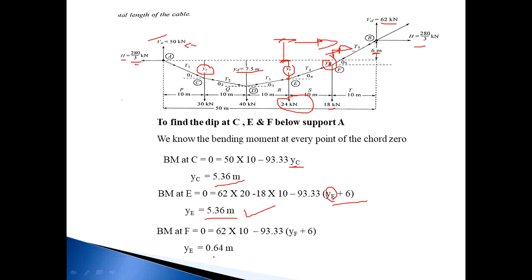By solving this equation, we got YF is equal to 0.64 meter. This is the point: YC, YE 5.36 from point A level, and YF 0.64 also from point A level. This is the depth of point F with respect to A level support.